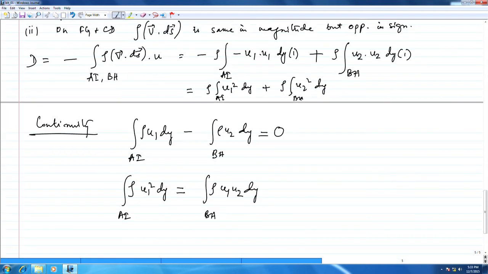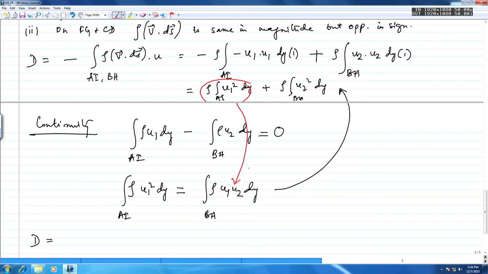We use this expression back into this. I am going to replace this part by this. The reason I was able to multiply by U1 is because U1 is constant, which we have sort of proved before.